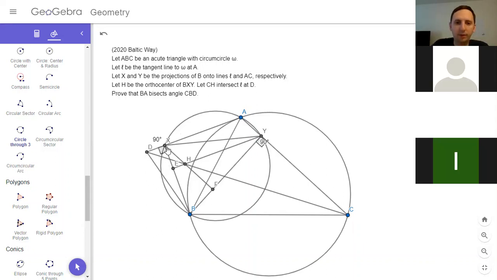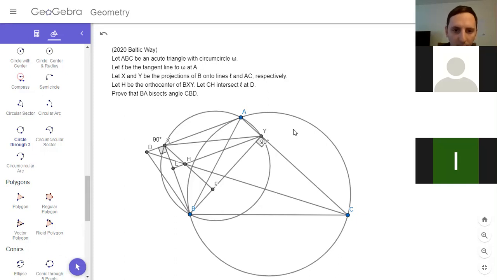So is there some way to angle chase DBX plus ABX? So ABX is 90 minus BAX, which is 90 minus BCA. So XBA is equal to YBC. So we just have to prove that DBX equals ABY.